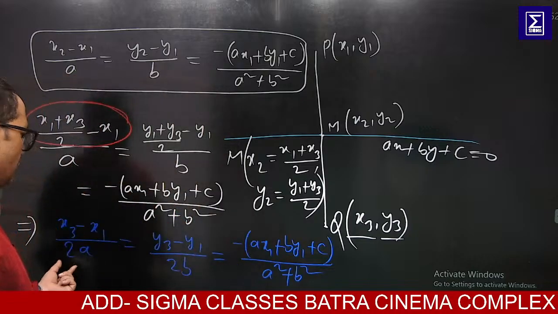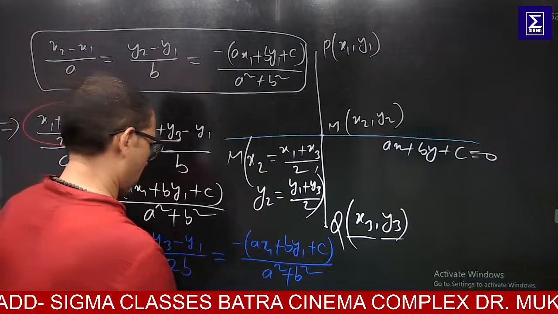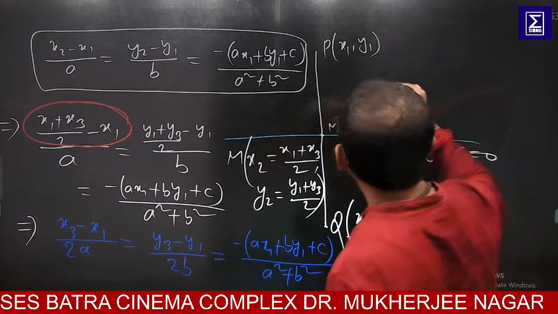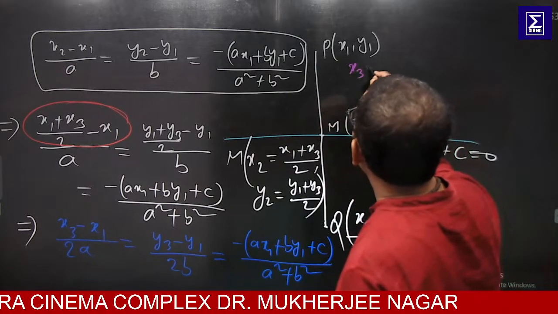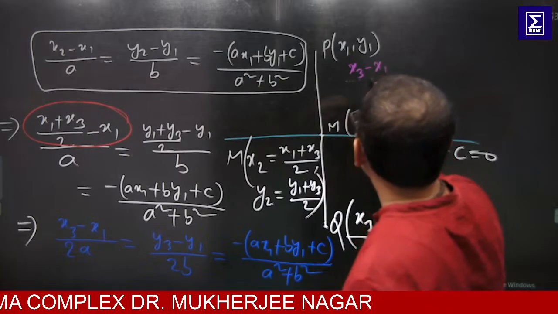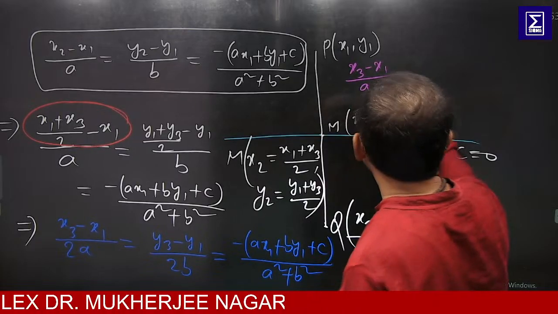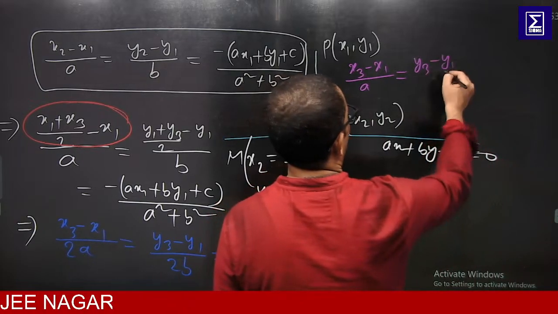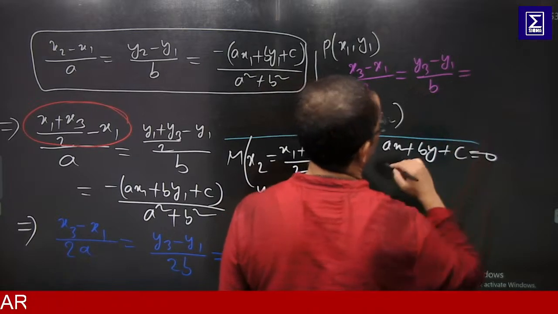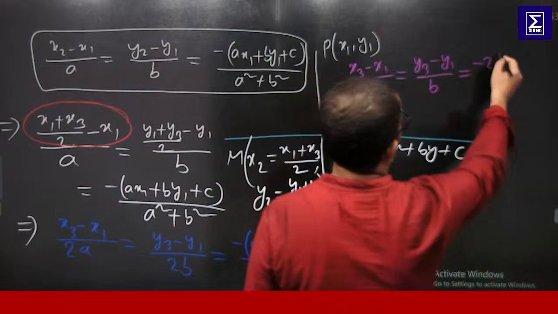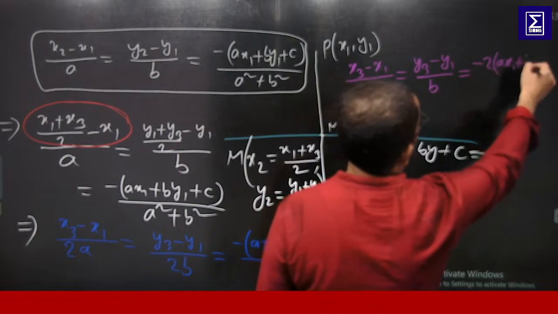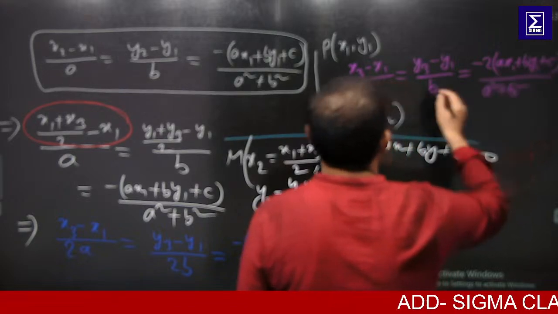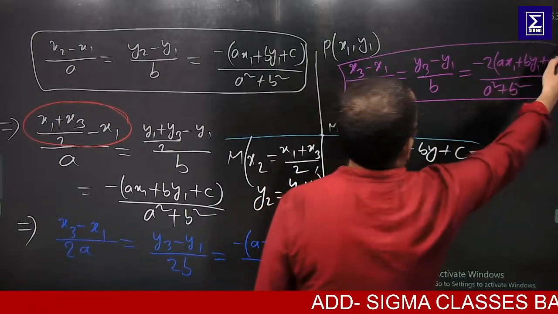So here if you do the cross multiplication, our final result will be (x3 - x1) upon a is equal to (y3 - y1) upon b is equal to minus of 2 times (ax1 + by1 + c) upon a square plus b square. So this is the result that we shall be getting finally in the end.